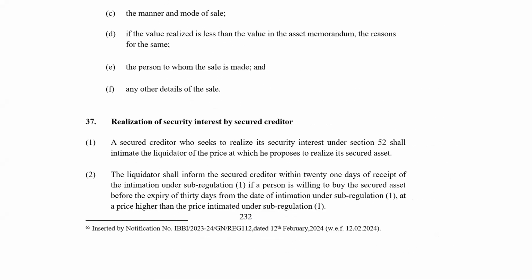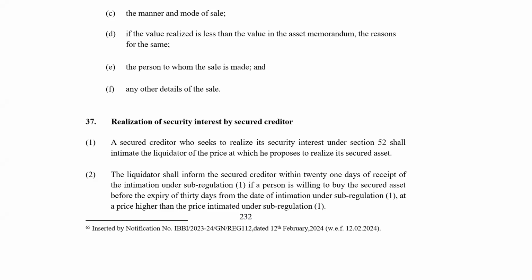A secured creditor who seeks to realize its security interest under section 52 shall intimate the liquidator of the price at which he proposes to realize its securities. भाई प्राइस भी तो बताना पड़ेगा ना, because why? The liquidator may be having a better buyer. Now the ball is in the court of the liquidator.